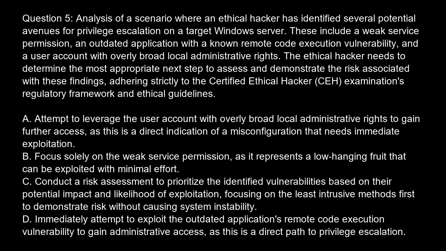Option C. Conduct a risk assessment to prioritize the identified vulnerabilities based on their potential impact and likelihood of exploitation, focusing on the least intrusive methods first to demonstrate risk without causing system instability. Option D. Immediately attempt to exploit the outdated application's remote code execution vulnerability to gain administrative access, as this is a direct path to privilege escalation.